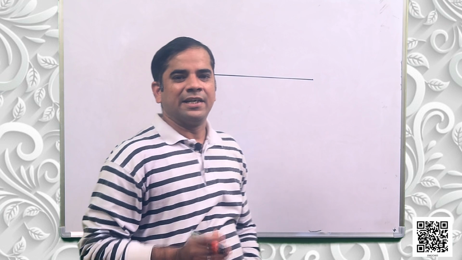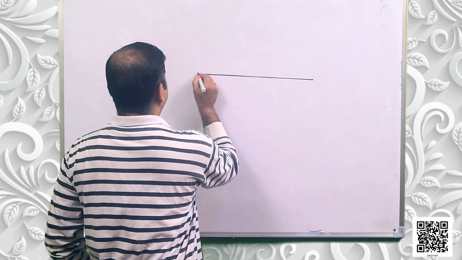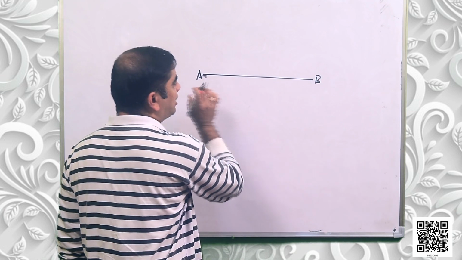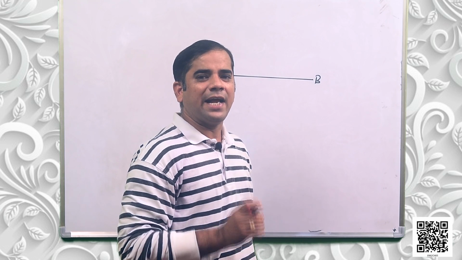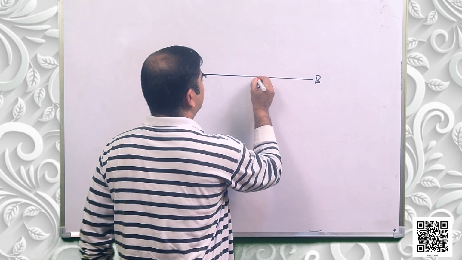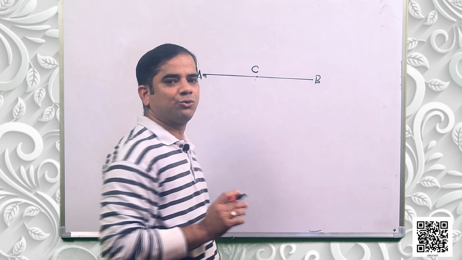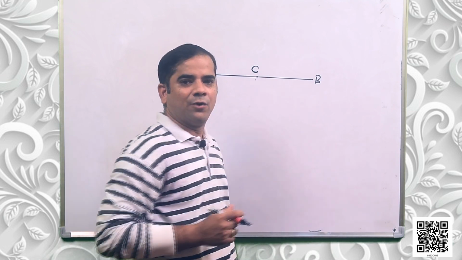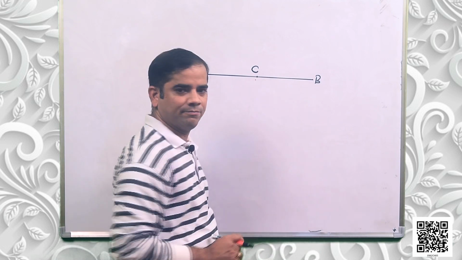So it says given any 2 distinct points A and B. Suppose this is point A and this is point B, and if I join those 2 points, I get a line segment AB. There exists a third point C which is in between A and B. So let us take a point C over here. So as per postulate, it says given any 2 distinct points A and B, there exists a third point C which is between A and B.